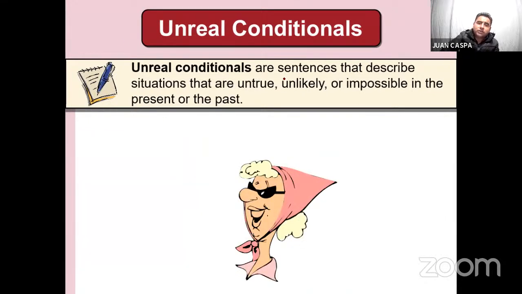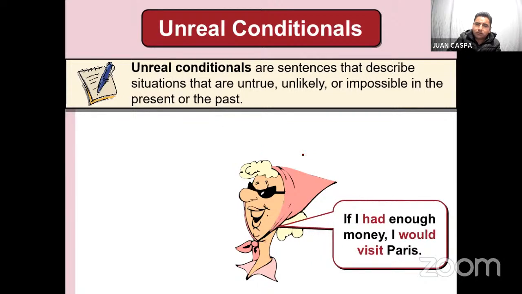But unreal conditionals are sentences that describe situations that are untrue, right? When you say, if I would be a billionaire, I could buy land on Mars, something like that, right? Or something that is impossible in the present or in the past, right?